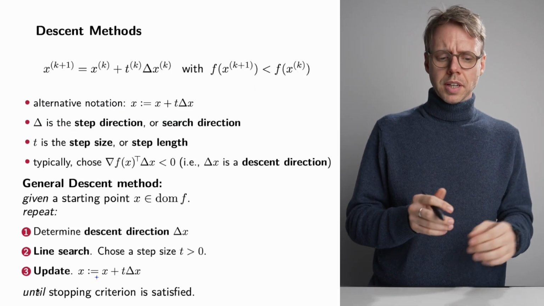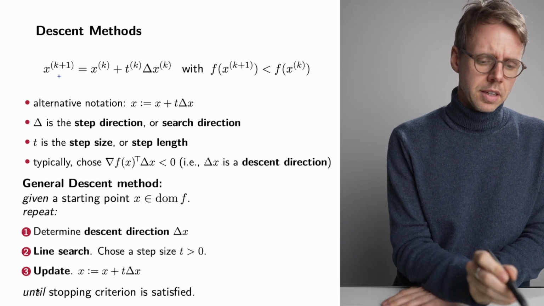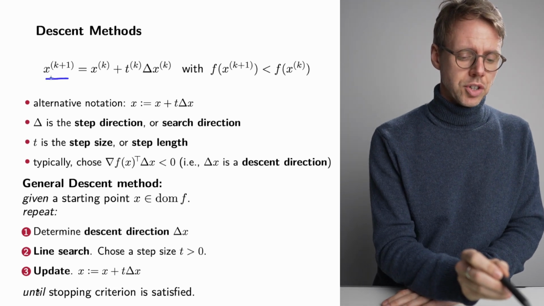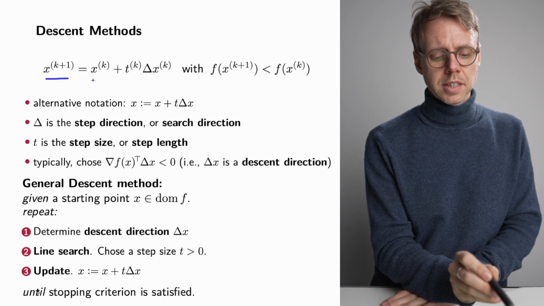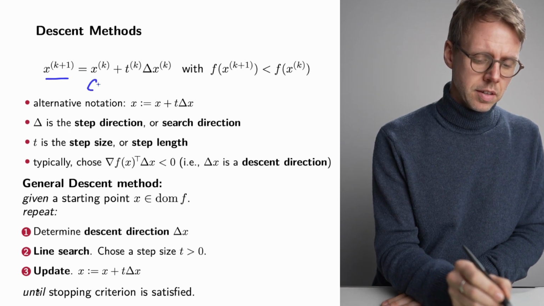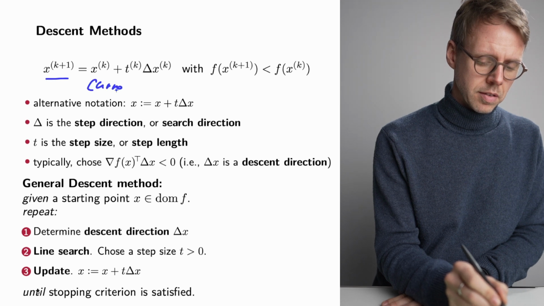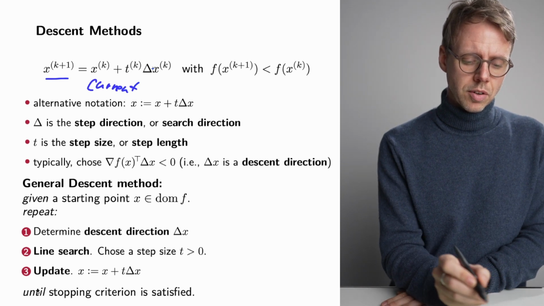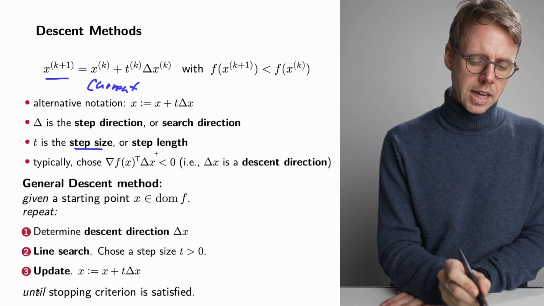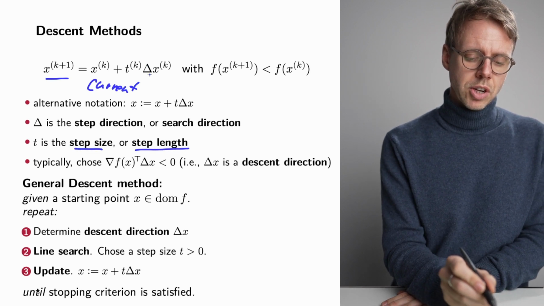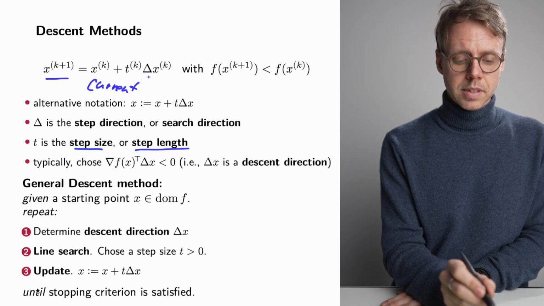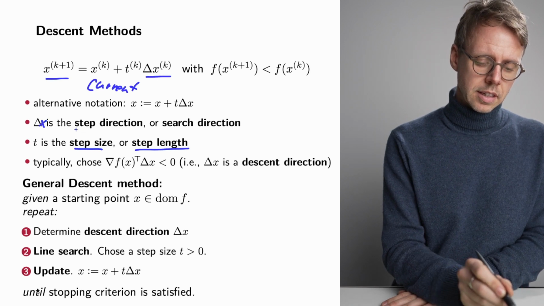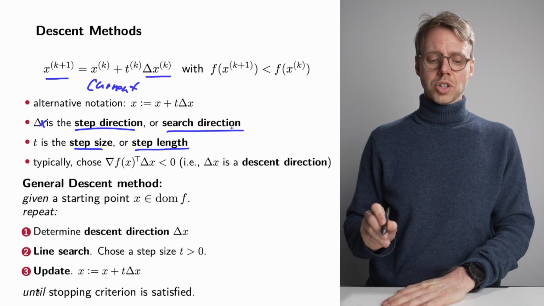And from this initial point, they would iterate by setting the point x at iteration k plus 1 to our current estimate xk, plus t_k, where t is the step size or step length at iteration k, times delta xk, where delta x is a step direction or search direction.